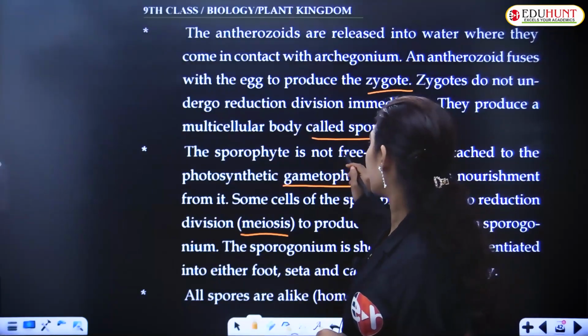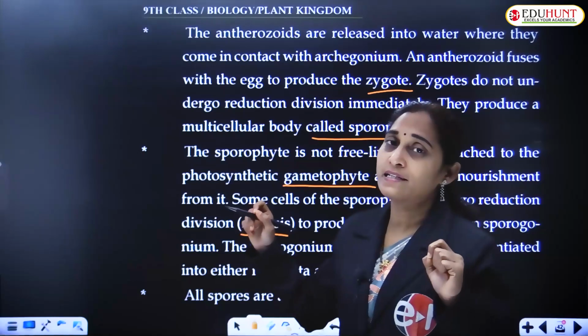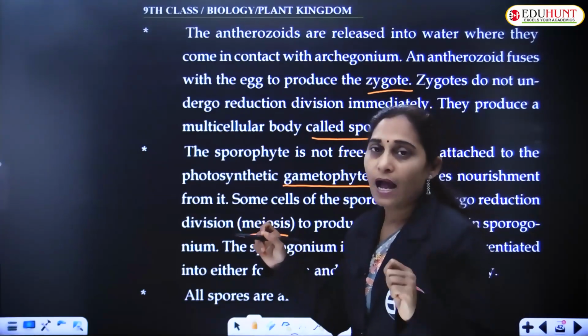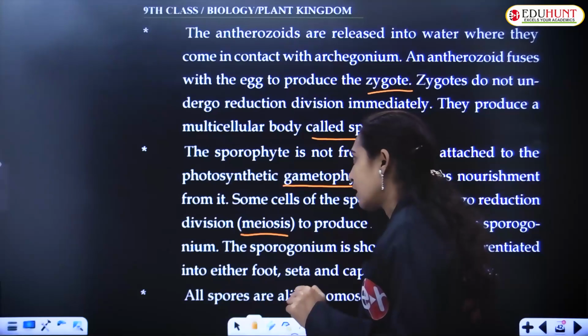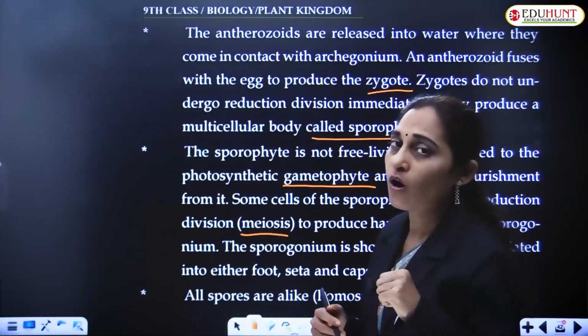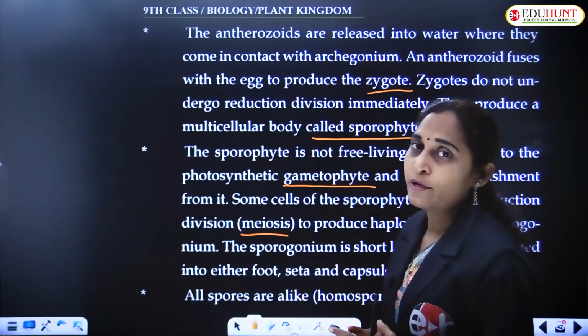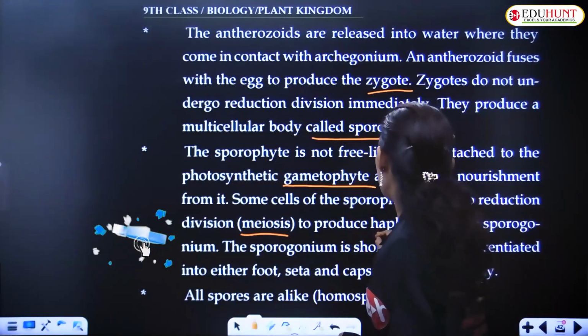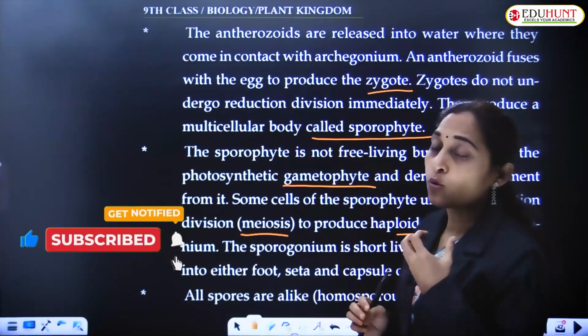The sporophyte, as I mentioned, is not a free-living one; it is dependent on the gametophyte for its nourishment. This sporophyte has some specialized cells called spore mother cells, which, after undergoing meiotic division, produce haploid spores in the sporogonium, or the spore sac.